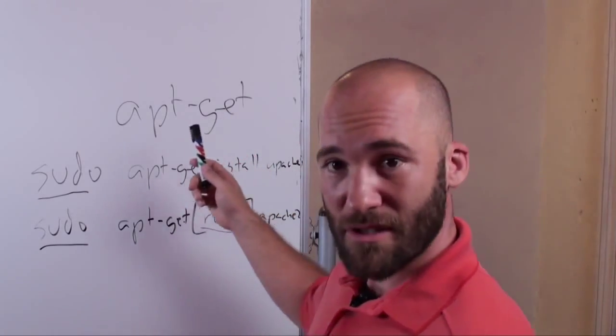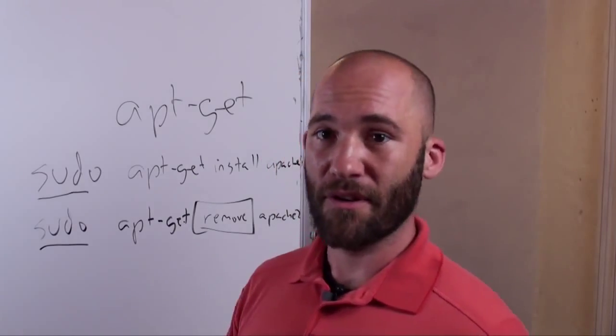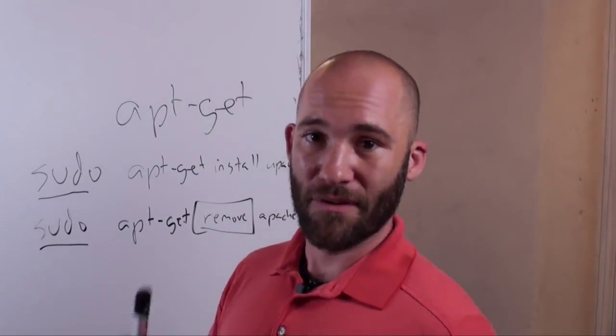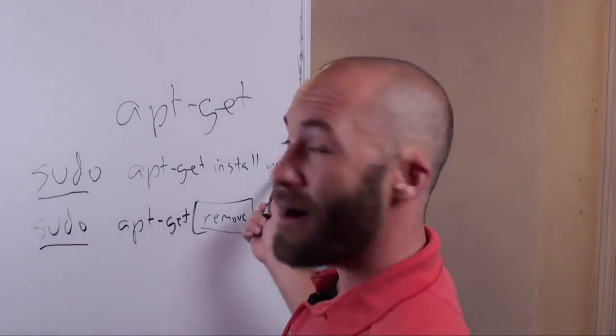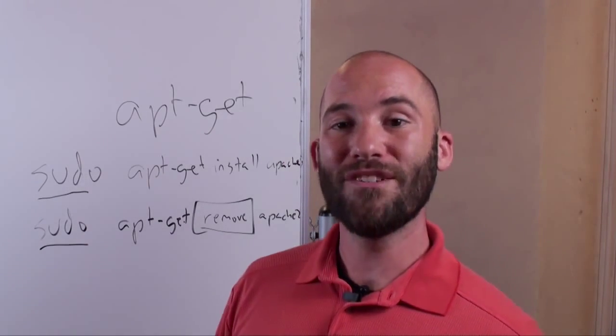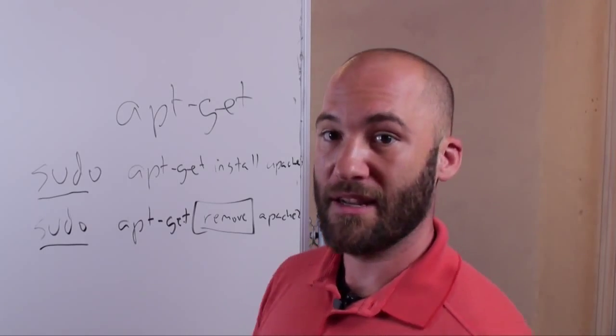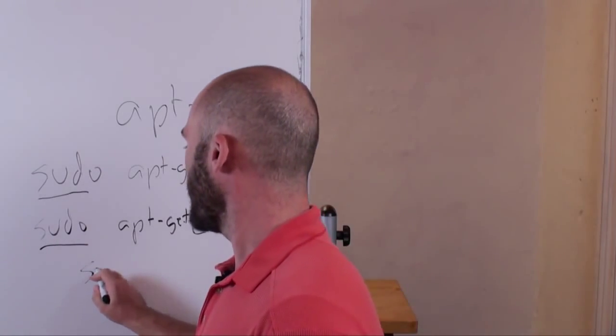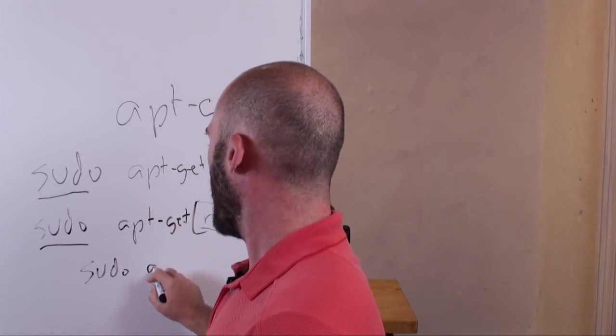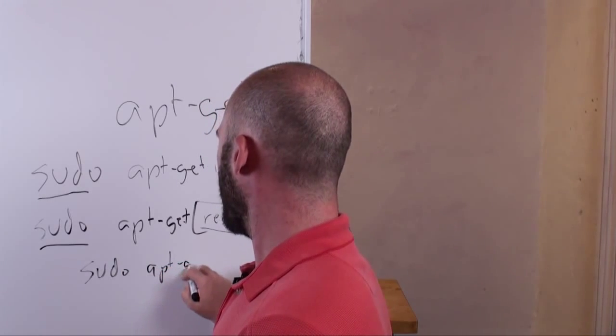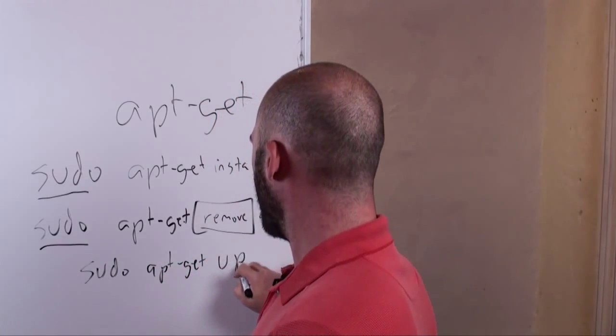Once you install all the software that you want on your Linux server, you install the file server, the Samba server, Apache, whatever it is, if you want to update that software, all you do is the upgrade command. So you do sudo apt-get upgrade.